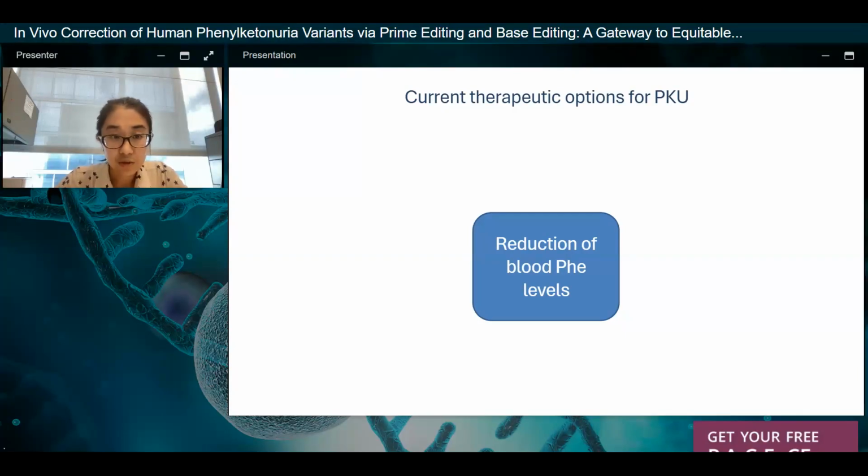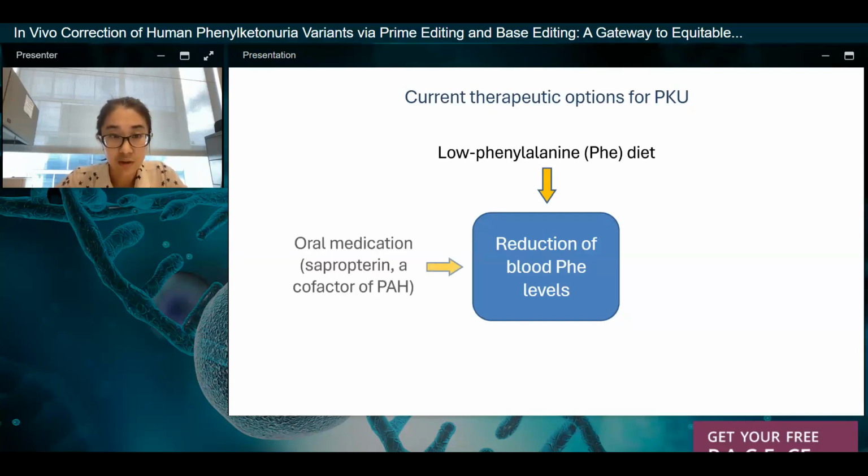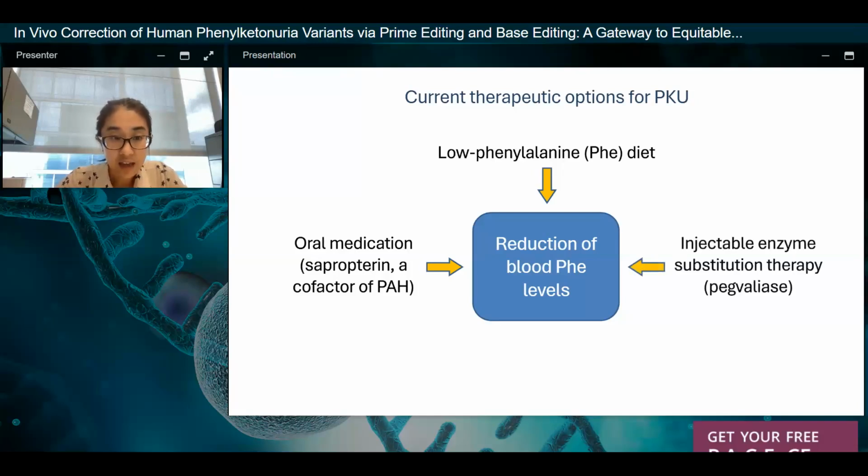The key to treating PKU patients is reducing blood Phe levels. The mainstay treatment is a low-Phe diet, which is difficult to adhere to, followed by an oral medication that doesn't work for many of the pathogenic variants, and an injectable enzyme that's taken daily and carries a substantial risk of anaphylaxis, causing it to have a black box warning from the FDA.